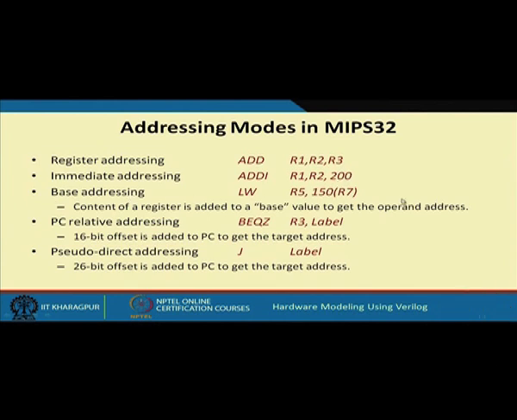Base addressing: there is a register and a number, and you add this number to the register to get the effective address, or the operand address. PC relative addressing, for branch: whatever offset is specified here is added to the program counter to get the actual address of the branch. Jump we are of course not considering, but it is very similar: this 26 bit offset will be added to PC.